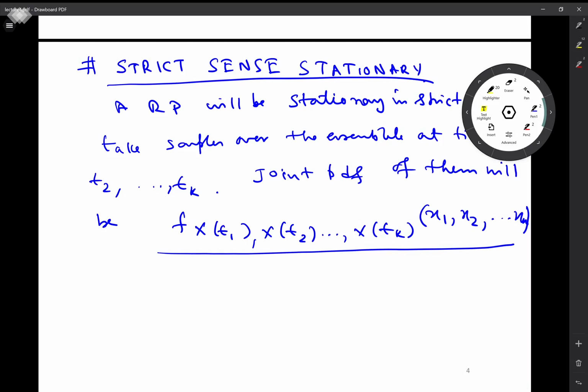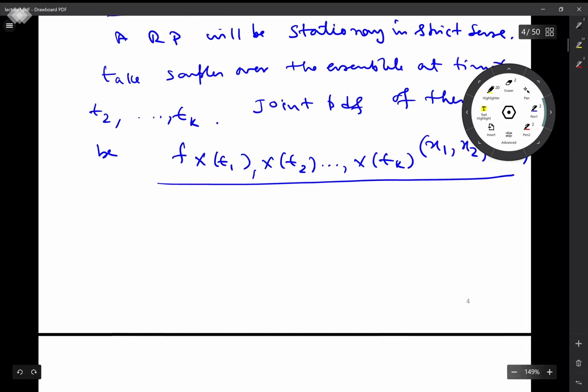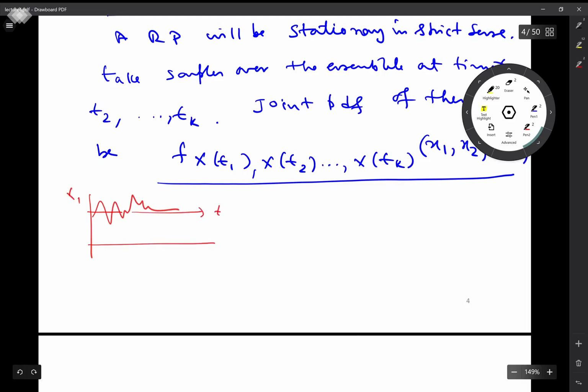And then what we do is take the same joint distribution and calculate it after a time shift of tau. What is the meaning? Suppose we have an ensemble like this: we have t versus x1, t versus x2, like this up to t versus xn.